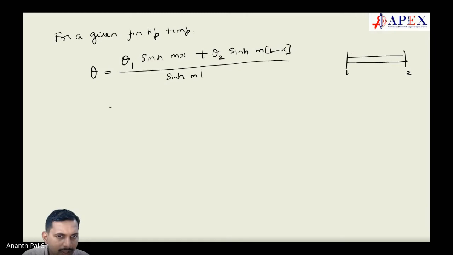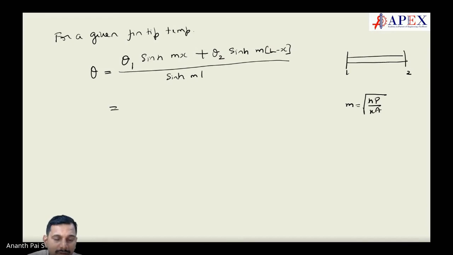This is the theta variation, is it not? Yes or no? Do it, students. Theta 1 is equal to theta 2. What is m? m is square root of hP by kA, right? Keep it the same, don't change it.